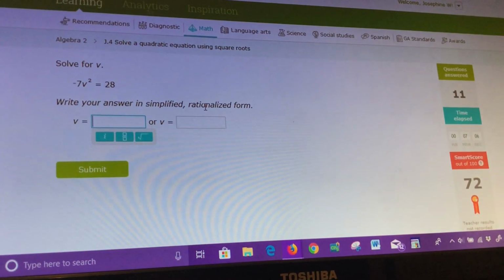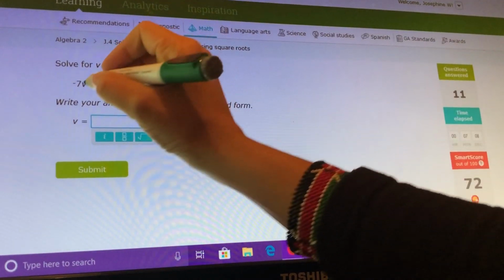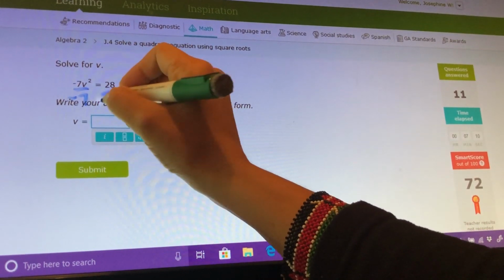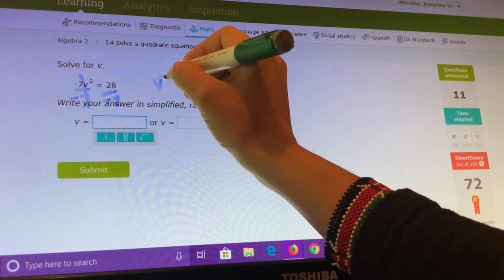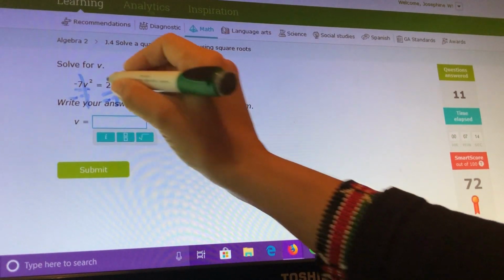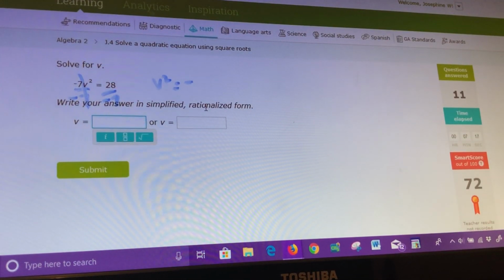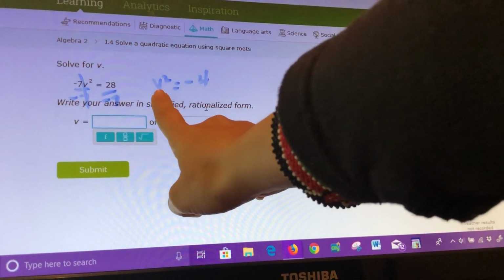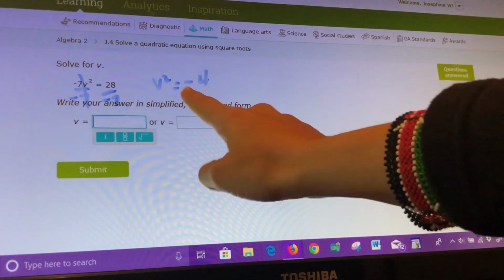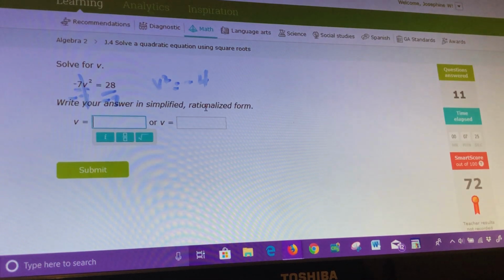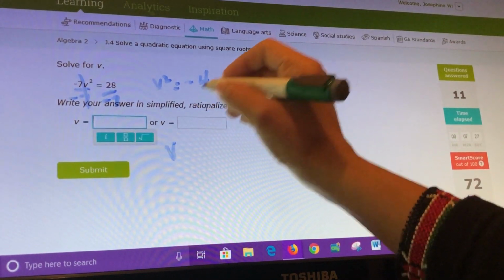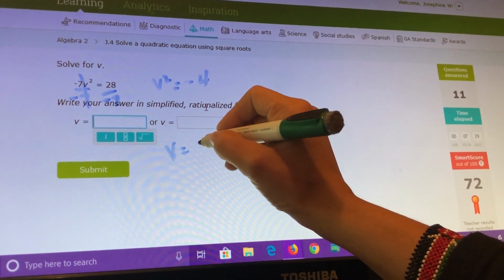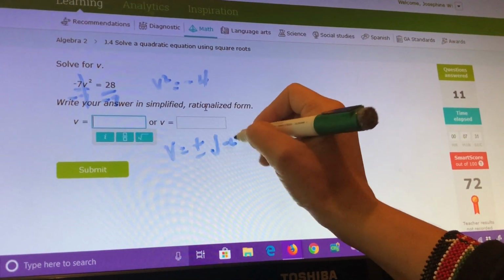Okay, what about this one? Well, first what I have to do is divide both sides by negative 7. So I'm going to get v squared equals negative, because positive divided by negative, and then 28 divided by 7 is 4. Then again, to get rid of the square, take the square root. So square root of what? A negative number, right? So v equals plus or minus the square root of negative 4.